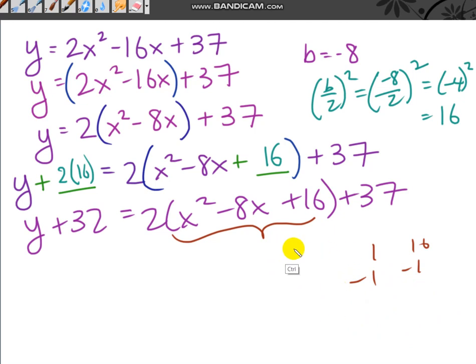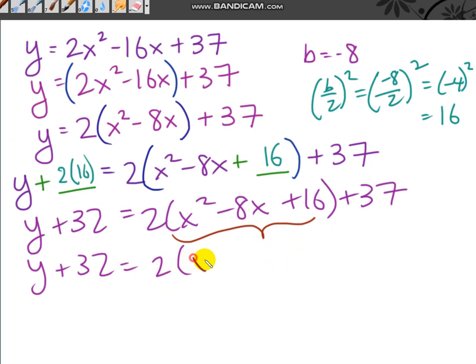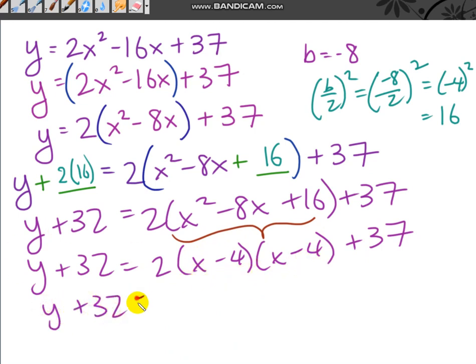So let's go ahead and do that. This becomes y plus 32 equals 2 times x minus 4 times x minus 4, plus 37. Next, x minus 4 times x minus 4 is 2 times x minus 4 squared, so we can just group those together.